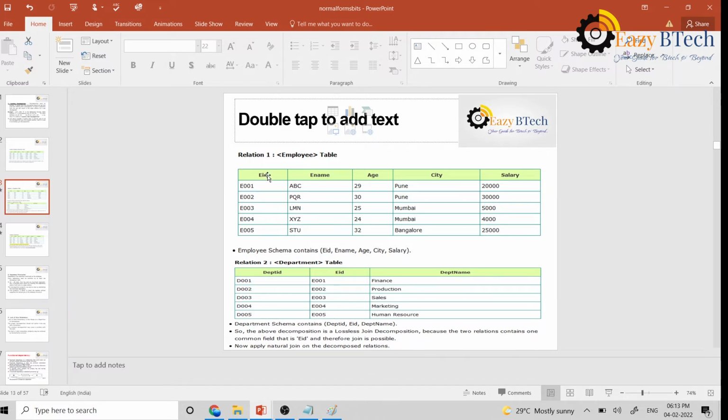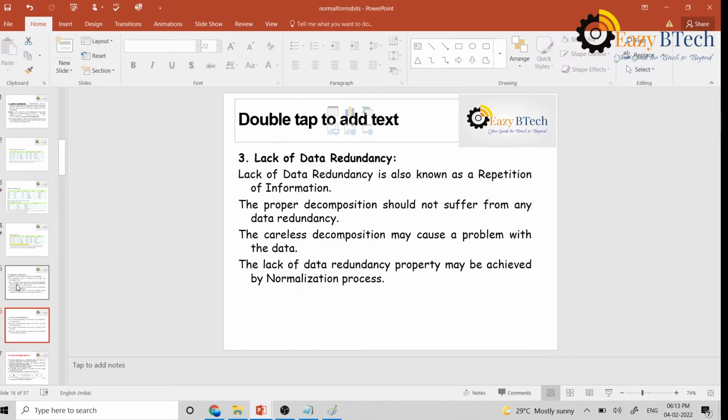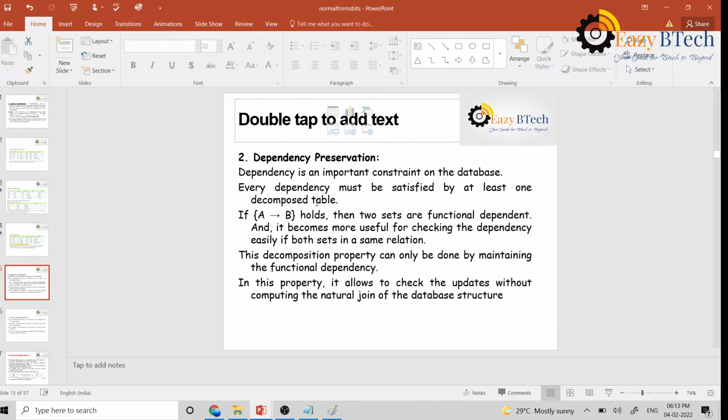If you remove this dependency, employee ID, employee name, age, city and salary, and directly divide into department ID and department, whatever the relationship is between the two tables. That's why, whenever we divide the data, we have to check dependency preservation.